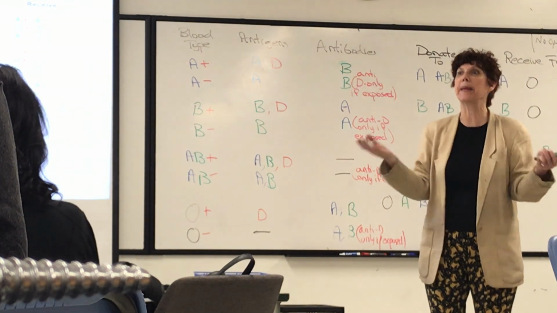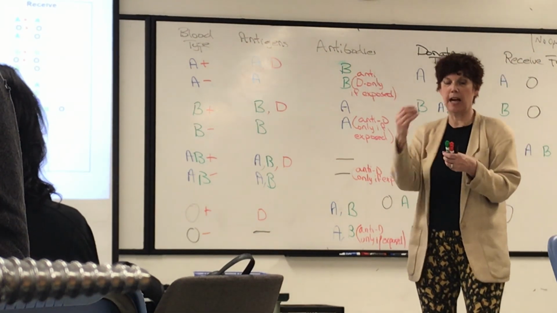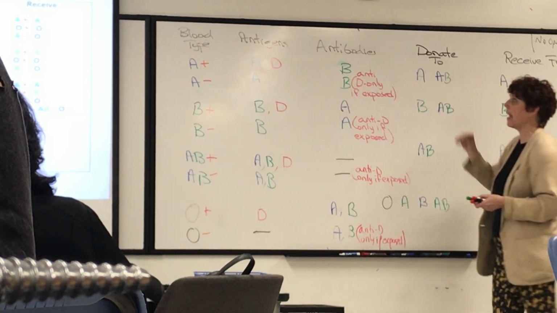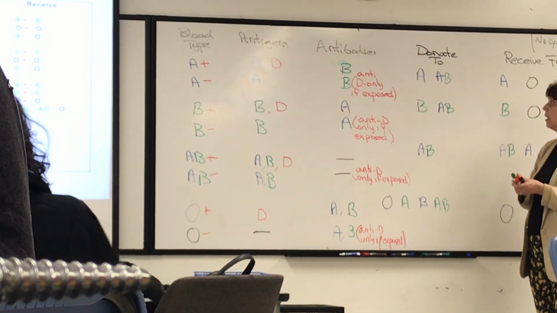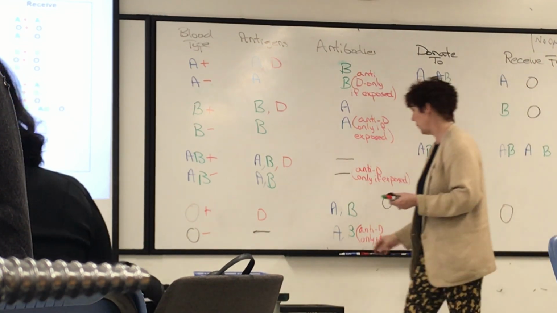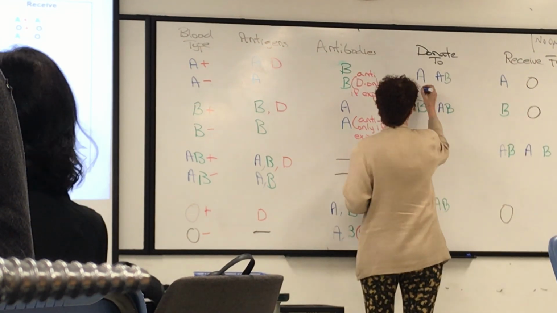We want to keep the absence of antibodies a continuous condition. So if I am AB positive, can I donate? Well, first of all, just to save time, let me go through and put all these second blood types in here.